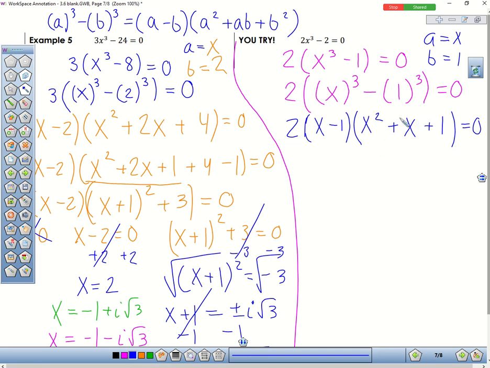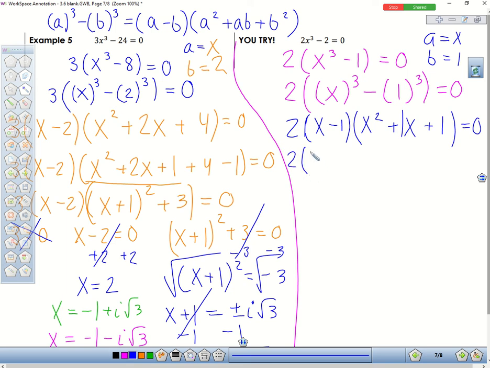Now I can try to factor this. What are some factors of 1 that add up to 1? Anything? No, unfortunately not. So you have to complete the square.